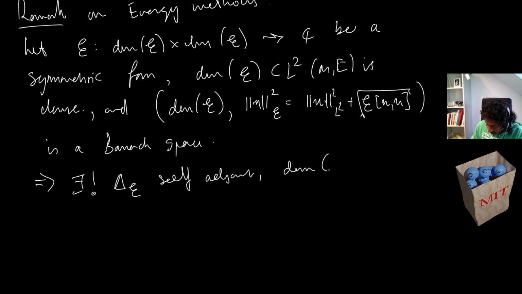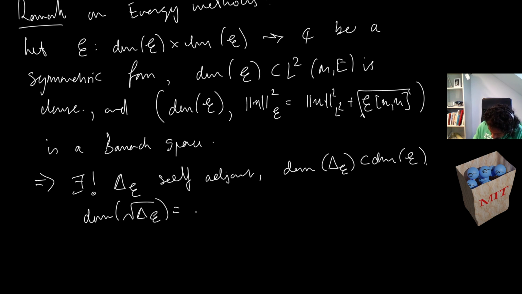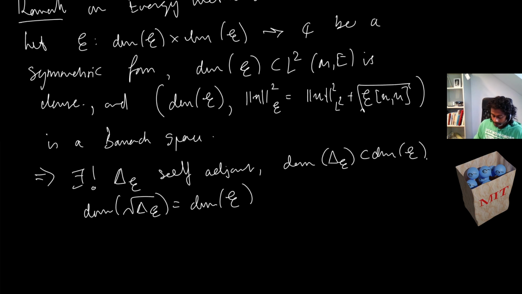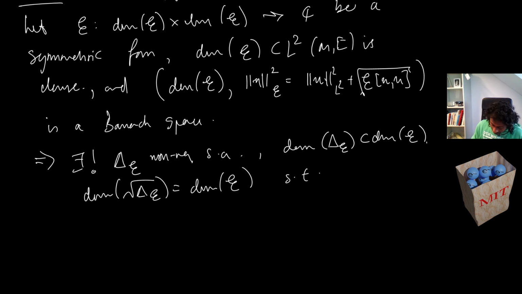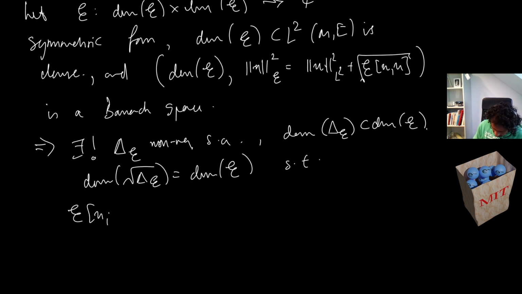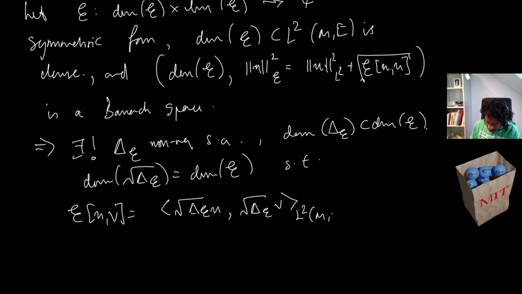The domain of this operator is contained in dom E. And the square root of this operator has domain equal to dom E. So non-negative, I should say, non-negative self-adjoint, such that E of u, v can be written as square root of E u, square root of E v, with respect to M_E.